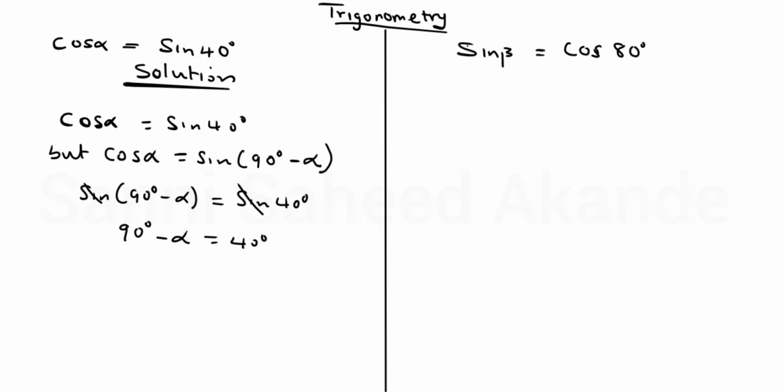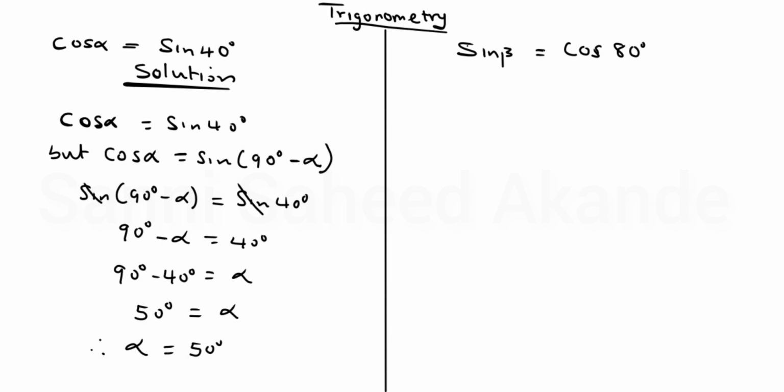If you collect the like terms, you have 90 degrees minus 40 degrees equal to alpha. So 90 minus 40 gives us 50 degrees equal to alpha. You can now conclude and say therefore alpha is equal to 50 degrees. So this is how to solve this type of question.